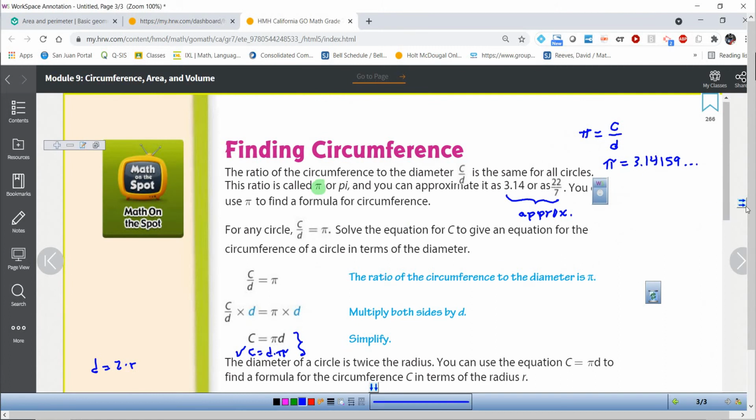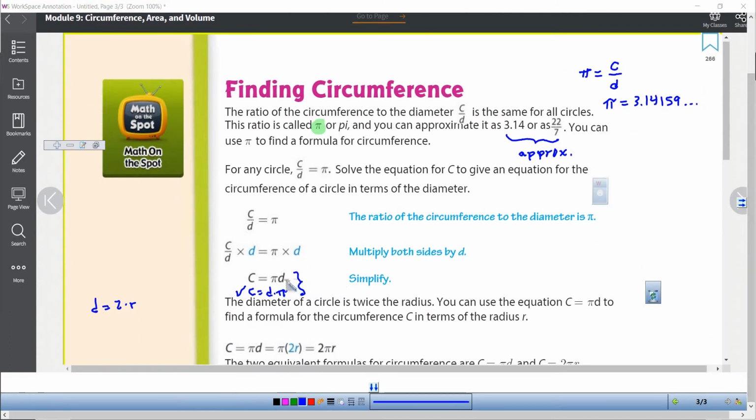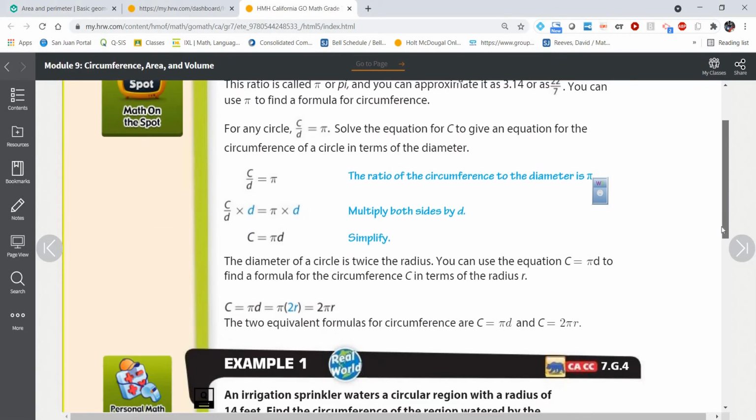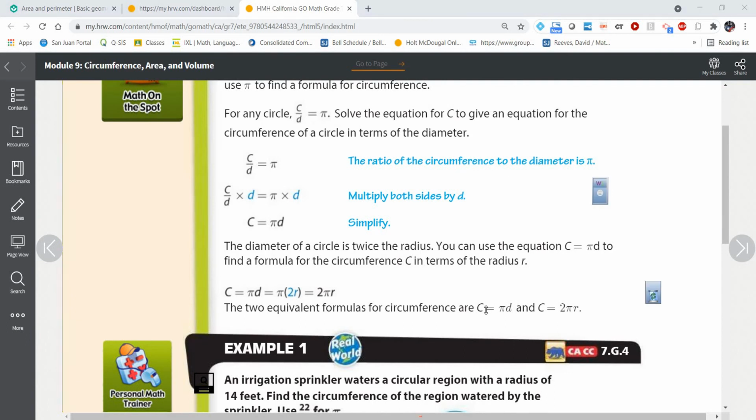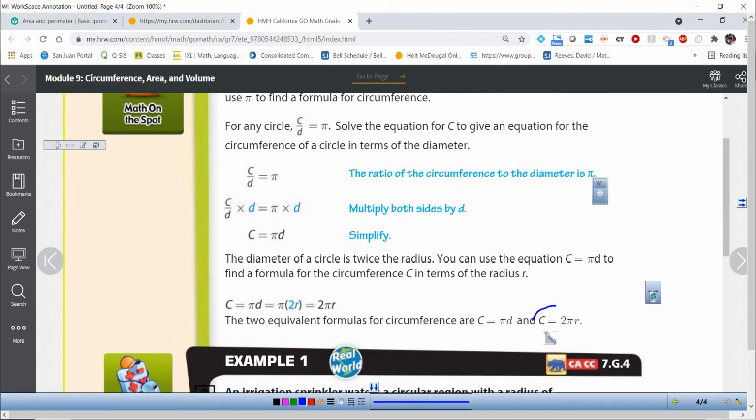So if instead of being given the diameter, you're given the radius, then we can use this instead. Instead of pi times d, we can say it's 2 times pi times the radius.